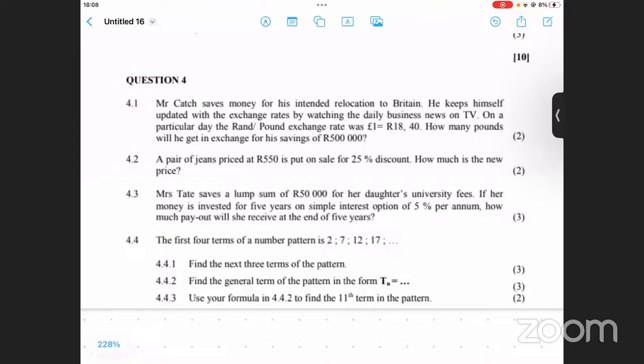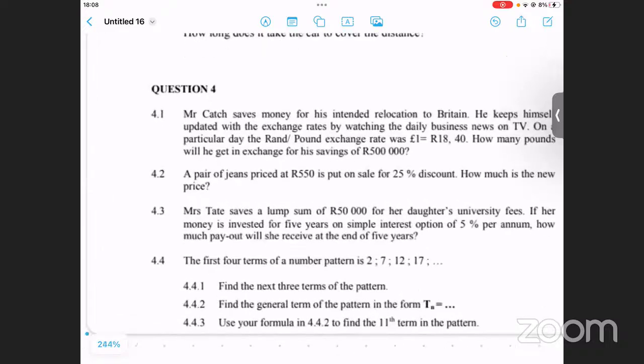All right. Okay, and they say how many pounds will he get in exchange for his savings of 500,000? Do you guys know how we're going to calculate this? We're going to divide the 500,000 rand by the 18 rand, 40 cents. Perfect.